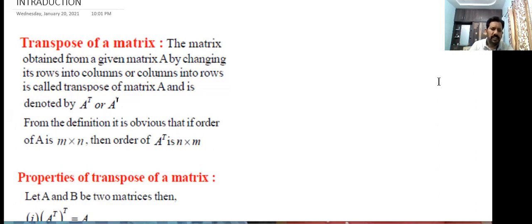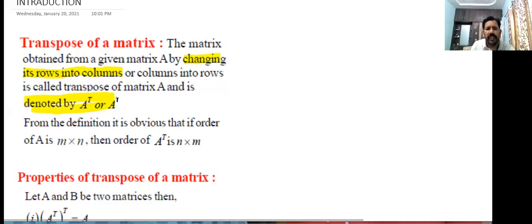Now, first, see the transpose of a matrix. The matrix obtained from a given matrix A by changing its rows into columns or columns into rows is called the transpose of a matrix, and it is denoted by A power T or A dash.